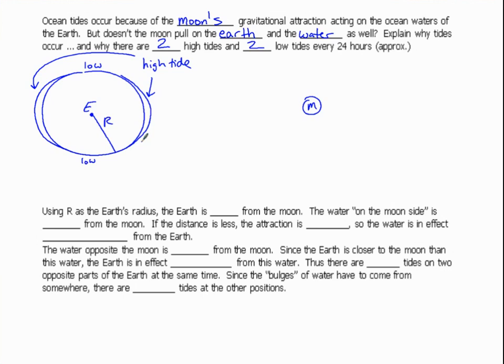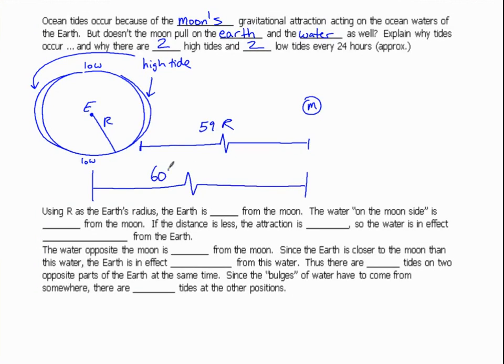So if you look from this point where the water is to the center of the moon, and this is not to scale, so like that, this is a distance of 59 Earth radii away. From here to the center of the moon is 60 Earth radii.